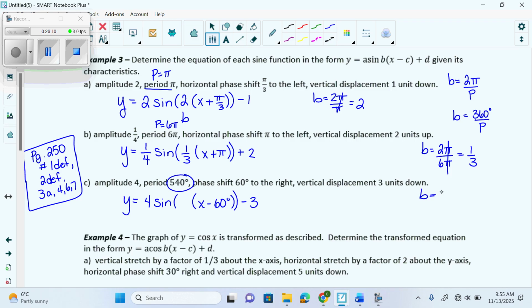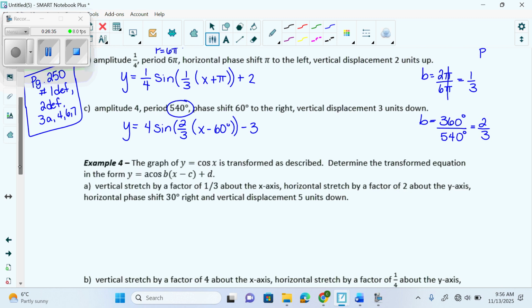So b equals 360 degrees divided by 540 degrees equals 2/3. And 2/3 makes sense because it would be 3/2, so it'll get bigger.